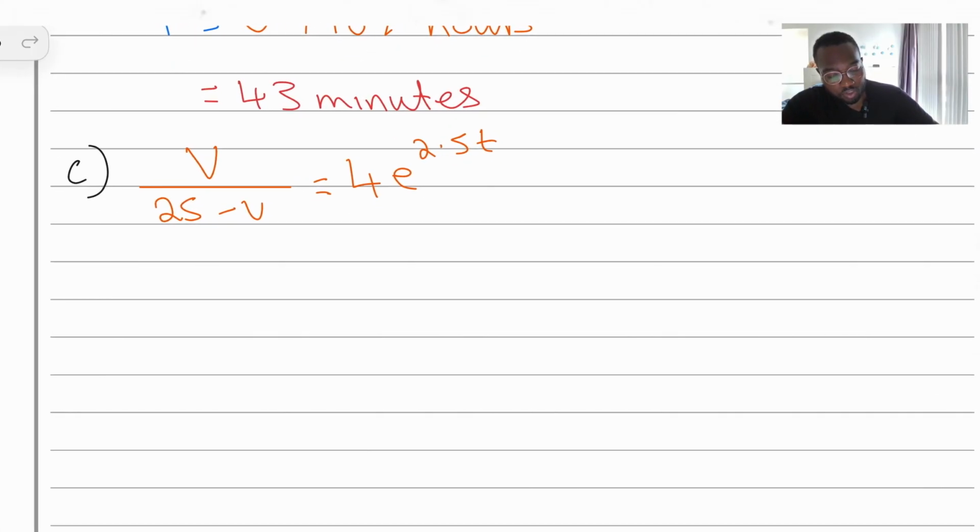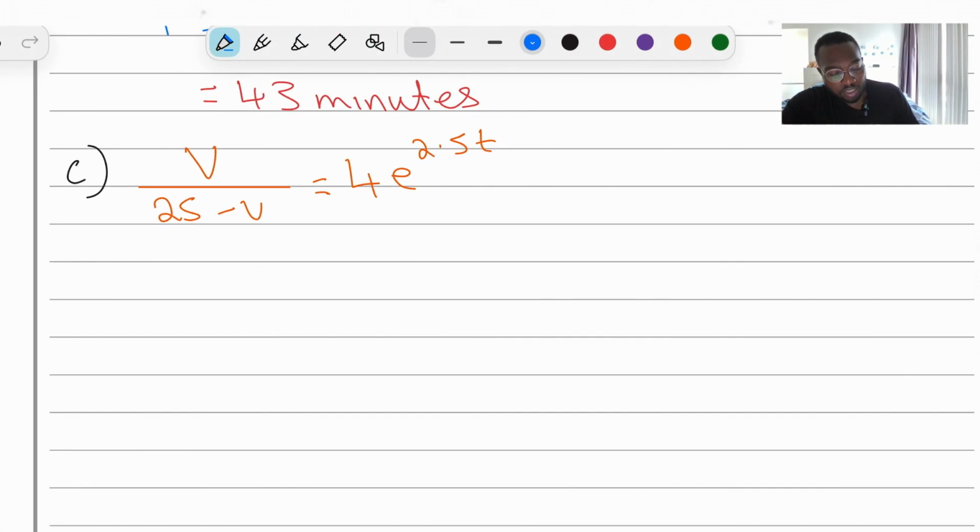If we want to work out what v is, first things first, times by 25 minus v to both sides. So we're left with v is equal to 25 times the 4, which gives us 100e^(2.5t), and then also times by the minus v, so we get minus 4v e^(2.5t).